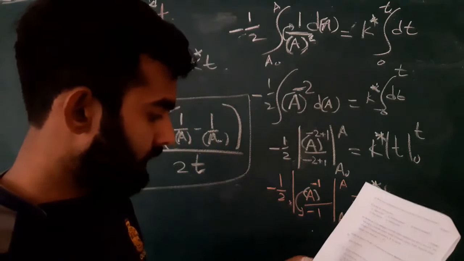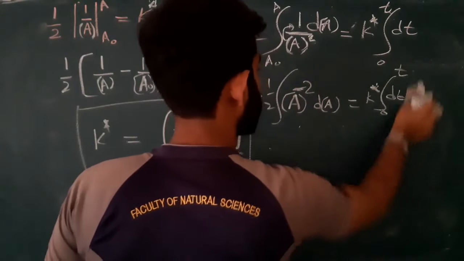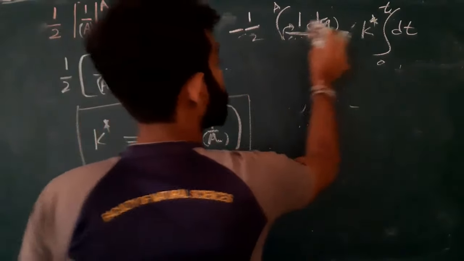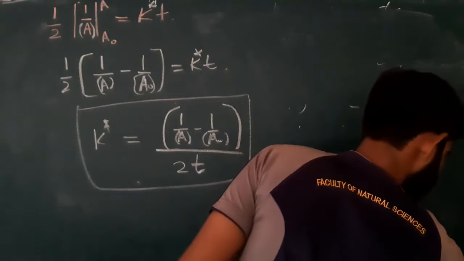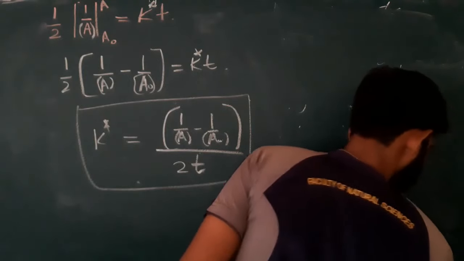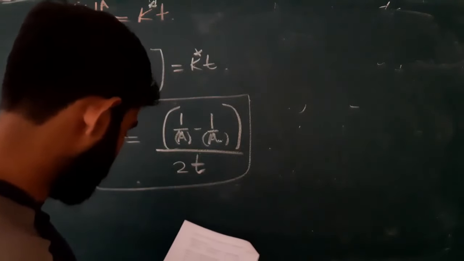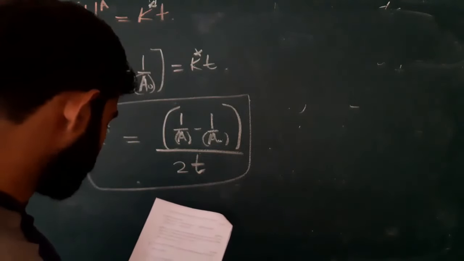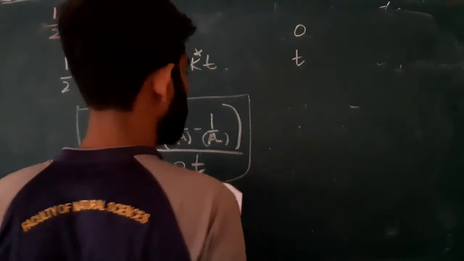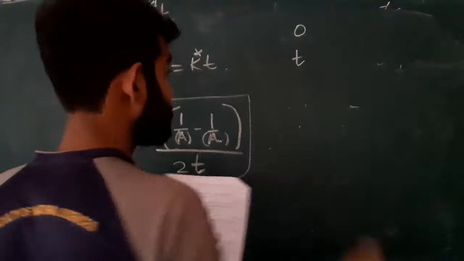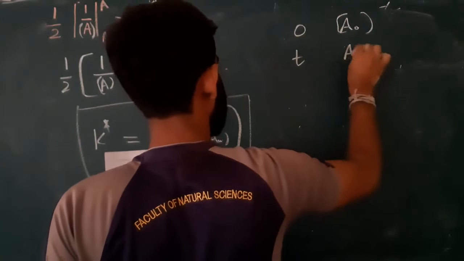Okay, now they ask to derive the expression for time t. When time t, initial time is 0, initial concentration we know is a naught, at time t it will be a.